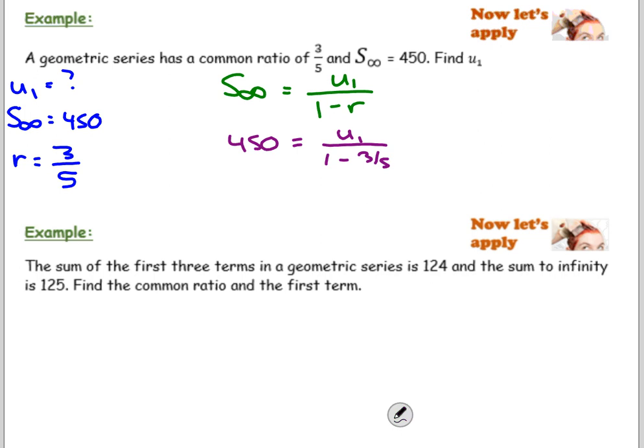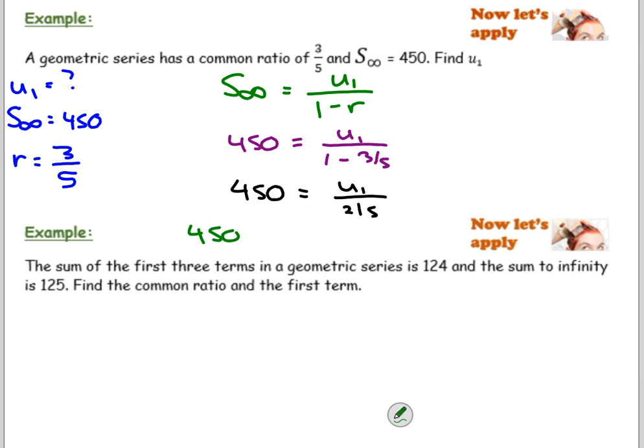So what is 1 minus 3/5? 0.4, yeah, 0.4 or 2/5, thank you. Then you're going to need to multiply by 2/5, because 450 is divided by 2/5.